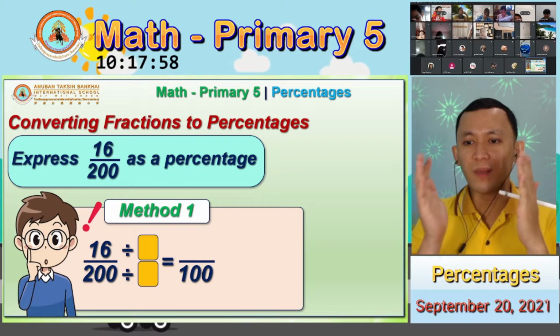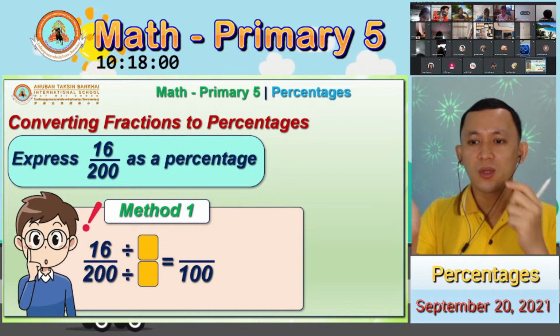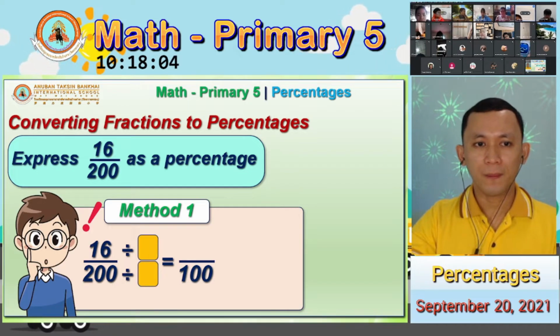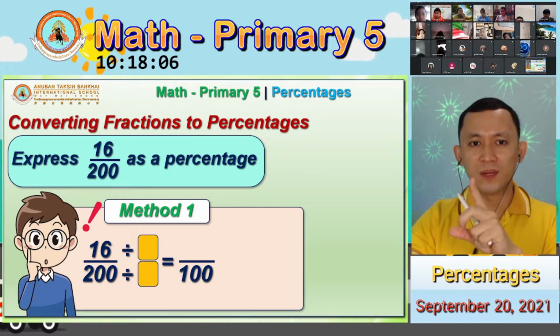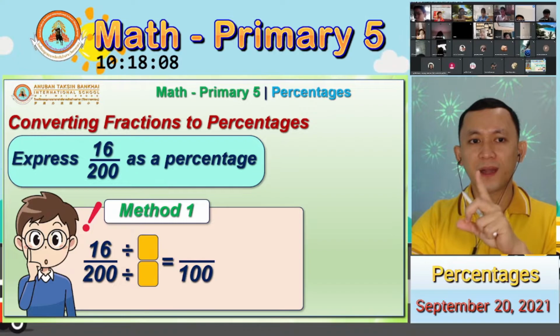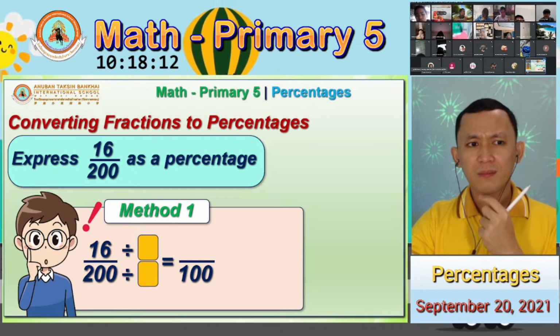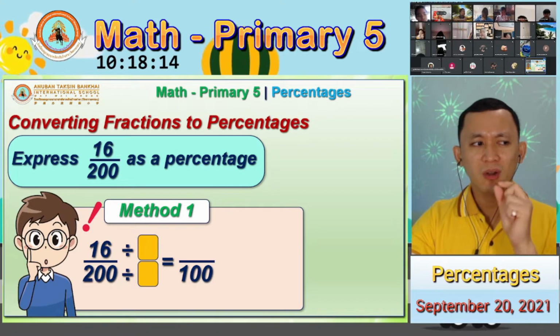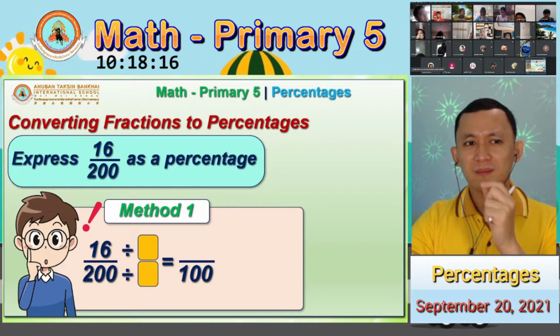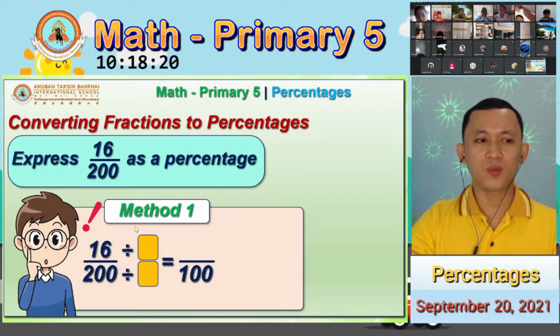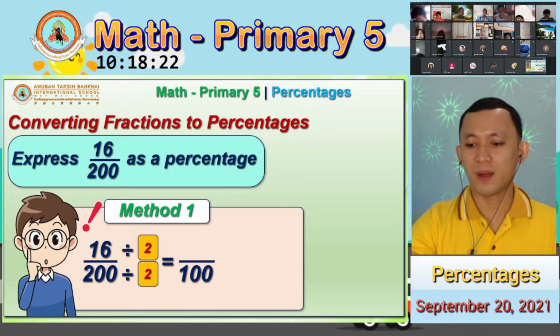We have a denominator of 200, so let's divide this to make it 100. 200 divided by what number to make it 100? We are going to divide it by 2.